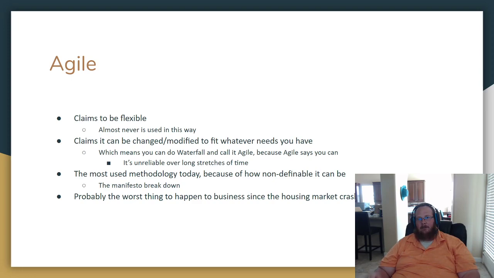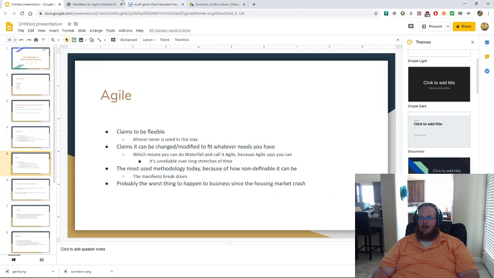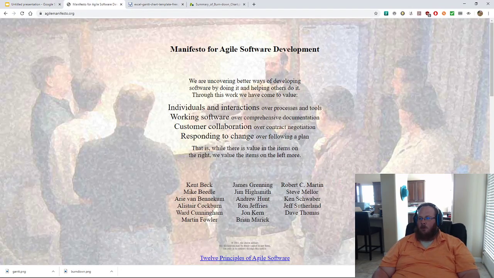The company loses, but if we win, then it's only because of development. And it's really toxic. It's a really crappy way of looking at things, looking at life. So I'm going to show you what the Agile Manifesto is and show you what I mean here.